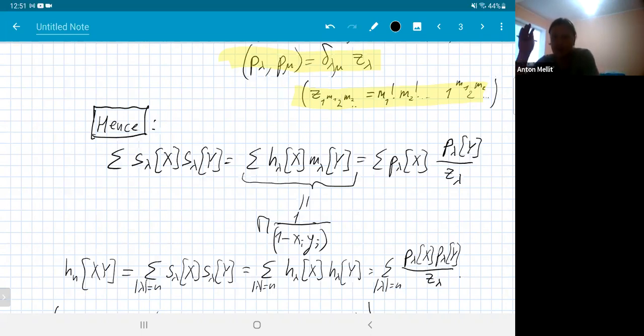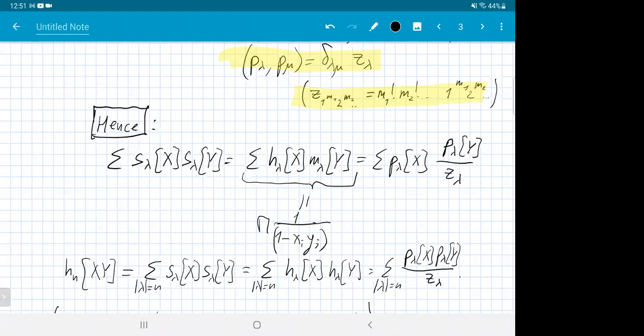So these operators appear everywhere. Another thing is that they are part of an interesting algebra of operators called the elliptic Hall algebra, and these are particular operators of that algebra.